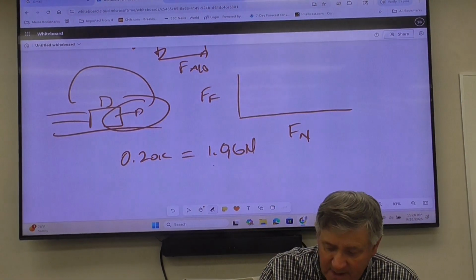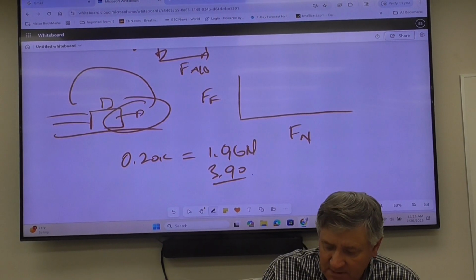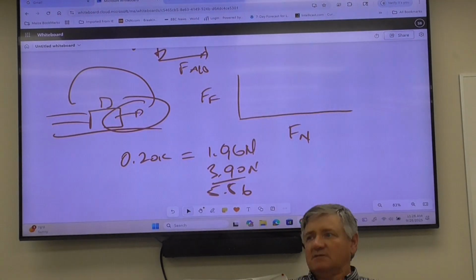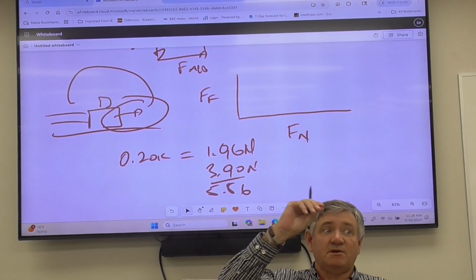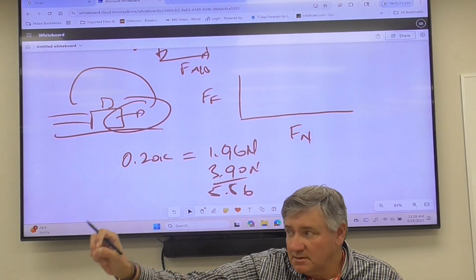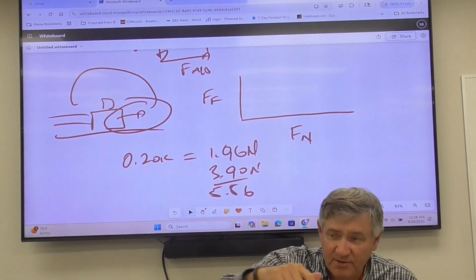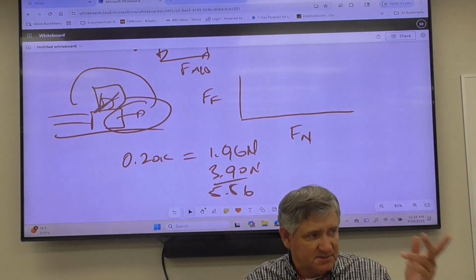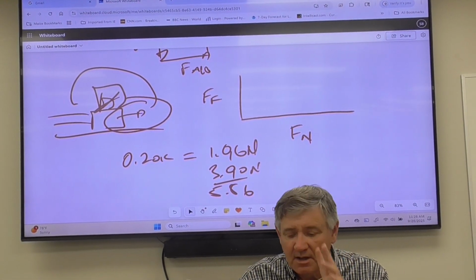So if your block weighs 3.90 newtons, that's 5.86. So your normal force is going to be the 1.96 newtons plus the block. Then you took that off, and then you put on the 0.5, same process, okay?